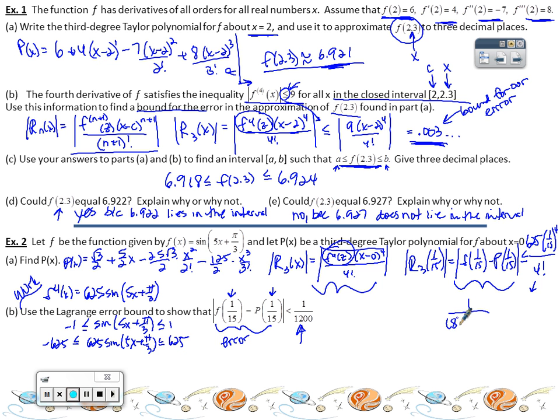And again, that is just because it was done by hand. You would have a calculator, so you would be able to do a decimal approximation. So that value is less than 1 over 1200. All right. Now that's a Lagrange error-bound problem where they don't give you anything. You create it all yourself.